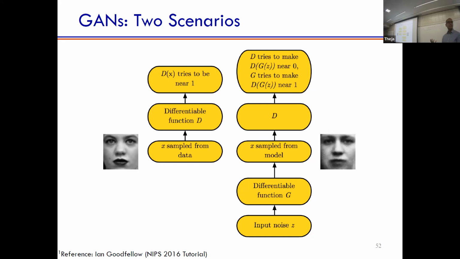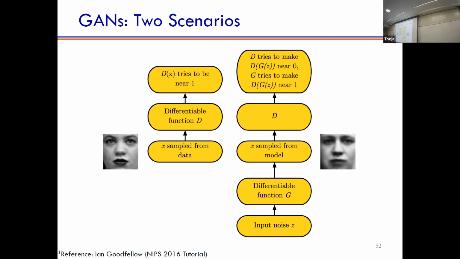Just think of D as a binary classifier. If the input is a real image from my training data, it should say 1. If it's not an image from my training data, it should say 0. That's the action this player takes.